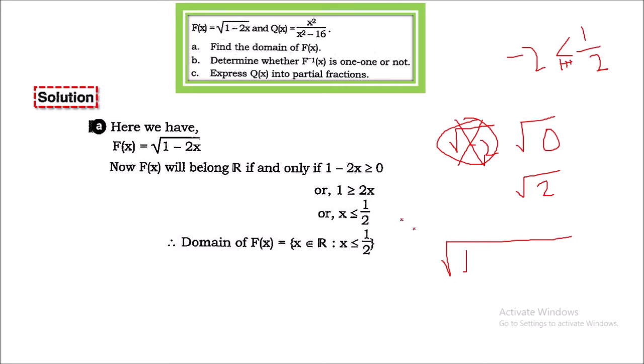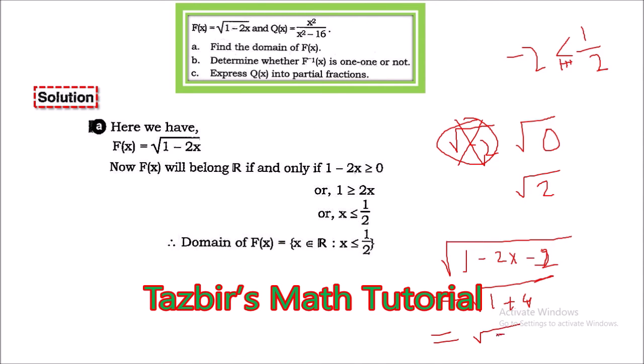So if I put it here in this place, minus 2 into minus 1 minus 2. So this is the value of x. You will understand, root over 1 plus 4, minus times minus 2 is plus 4. So here you can see that it is root over 5.